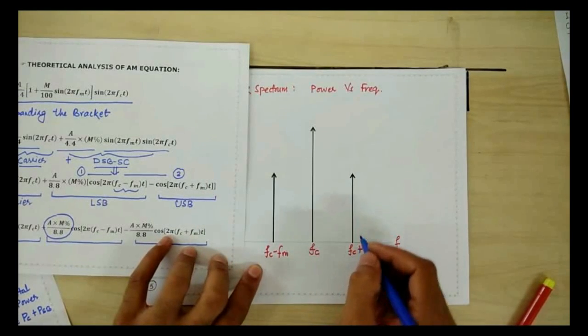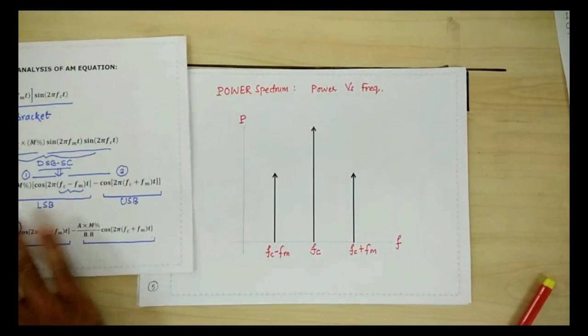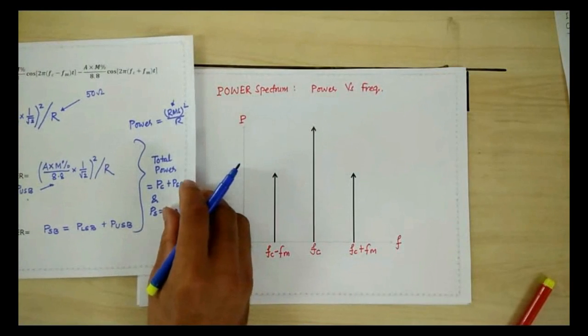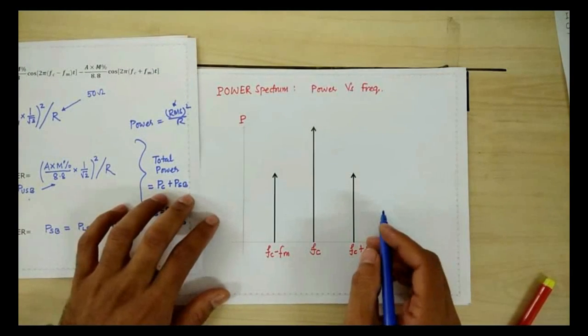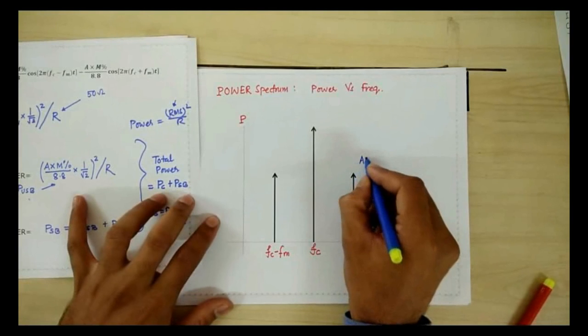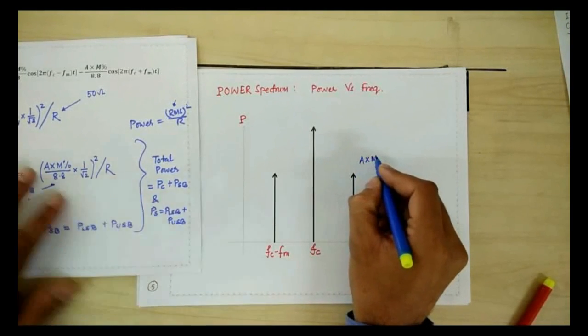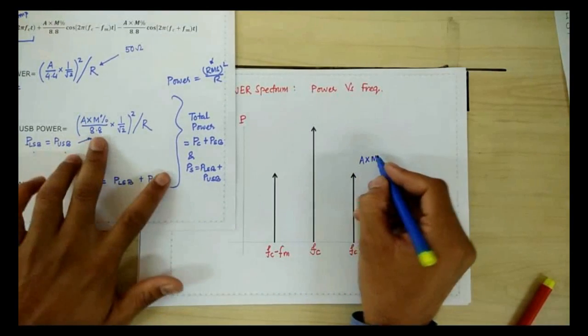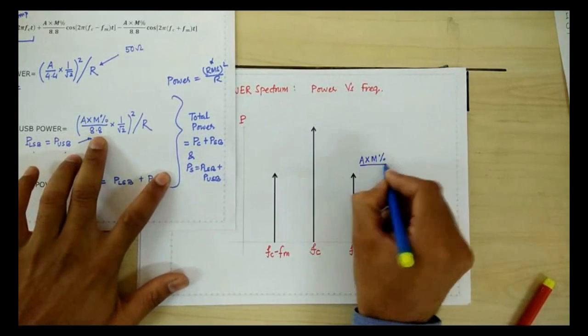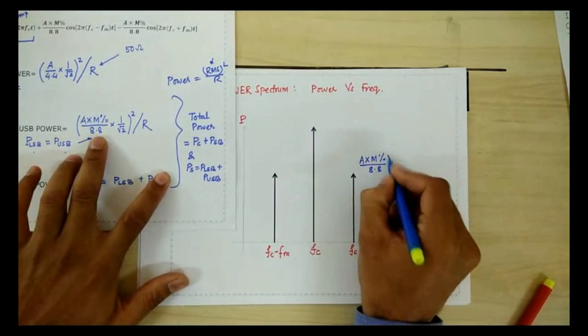The power at USB that we derived in the previous slide is A into m divided by 4.